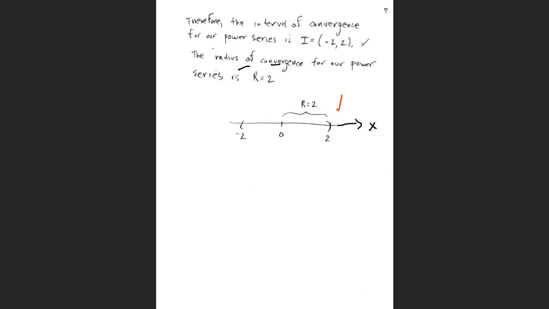So the interval goes from -2 to 2, that's a distance of 4, so the radius of convergence equals 2. Really, it's the interval of convergence that's more important to me, but they like to talk about radius of convergence as well.